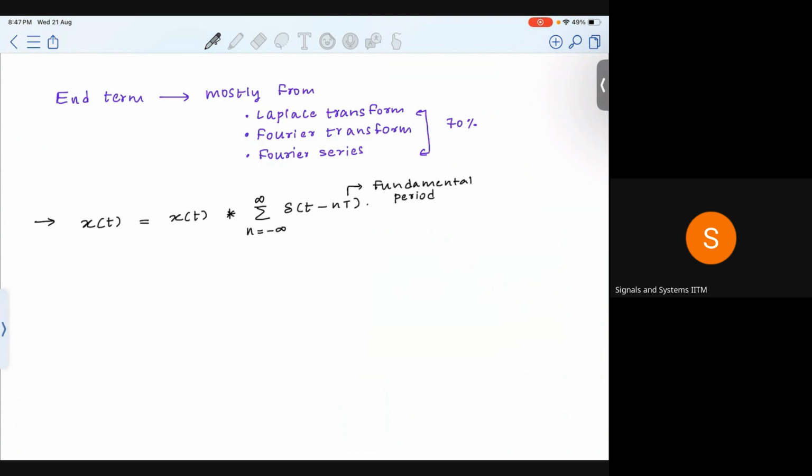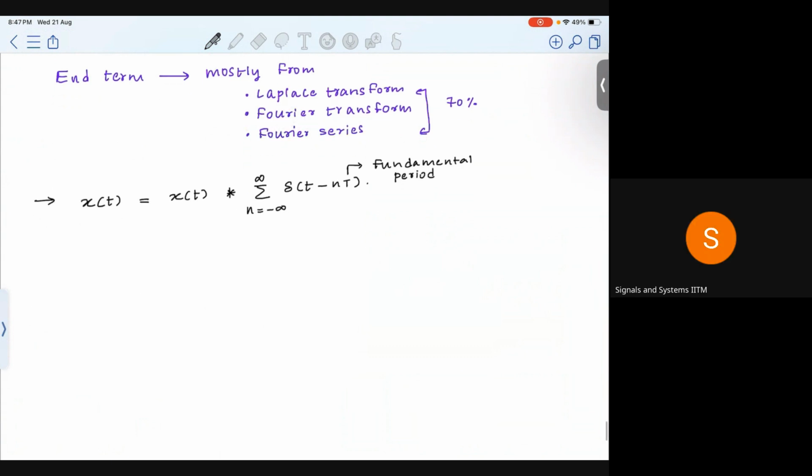Is this okay? Do you agree with this, or do you have any difficulty agreeing with this? No. So this is great. Okay. Now, how do you find the Fourier transform? So convolution, what does it do to the Fourier transformation?